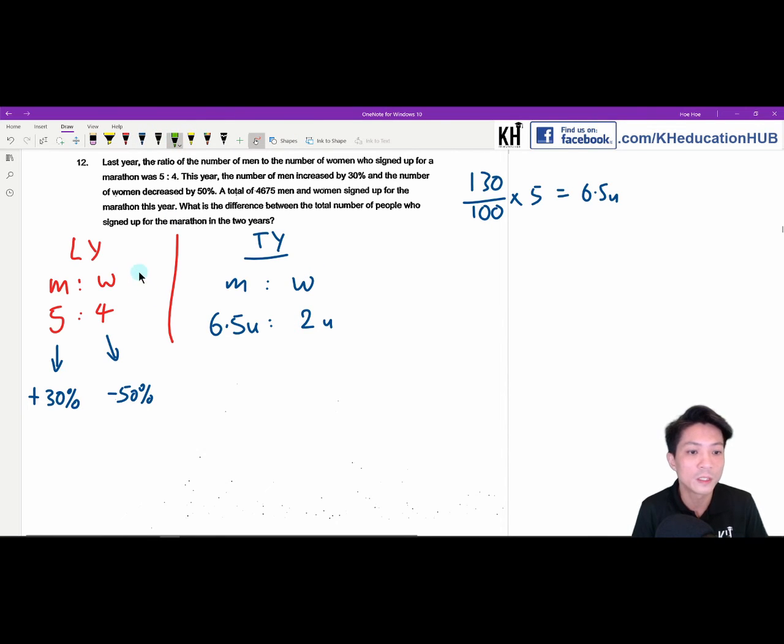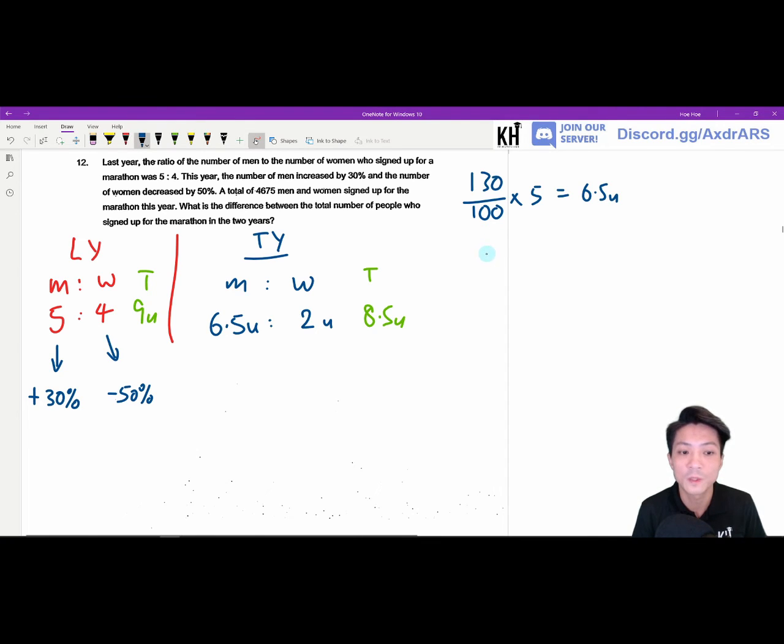Okay, so if you look at the total, this is a total of 9 units. Okay, and in this case the total is 8.5 units. What's the difference between the total number of people who sign up for the marathon in the 2 years? Okay, there's a difference of 0.5 units, right?